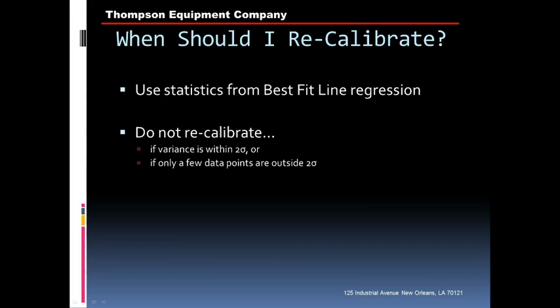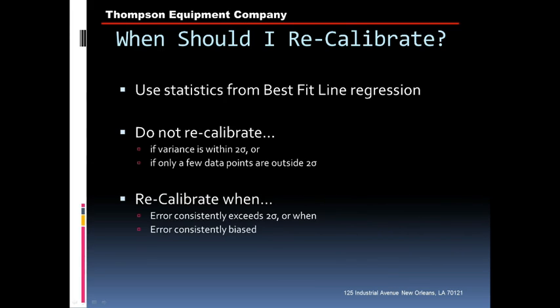The average error is called sigma. 2 sigma basically describes a variance in which 95% of the variation is expected to be within those 2 limits, or basically 19 out of 20 times you would expect your data points to be within those limits. But that still means that 1 out of 20 times you would expect to see it outside those limits. So you wouldn't want to recalibrate if you saw that most of your data was within that 2 sigma variation.